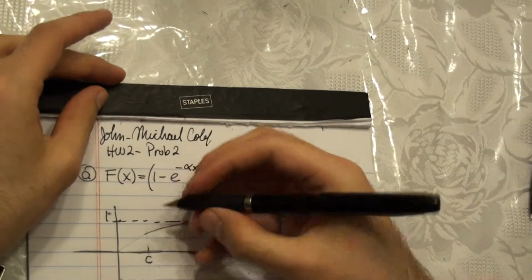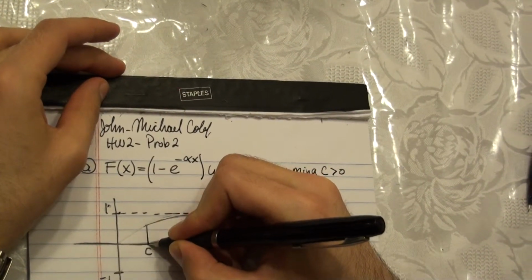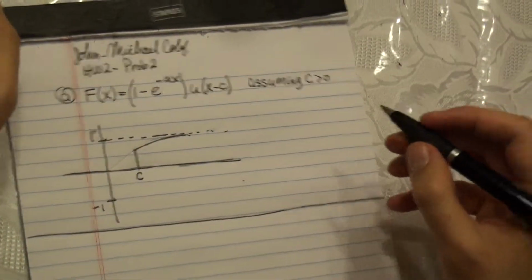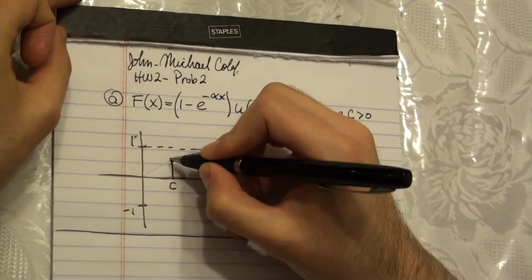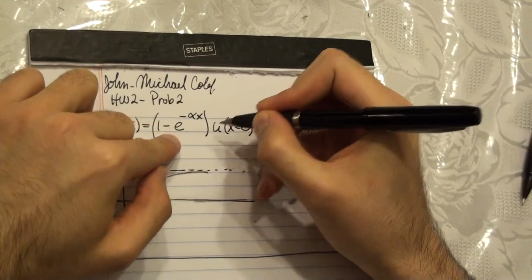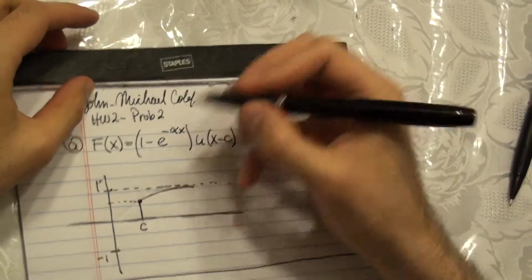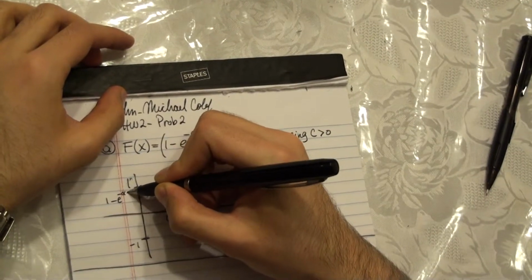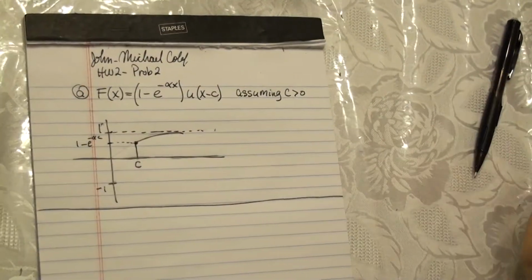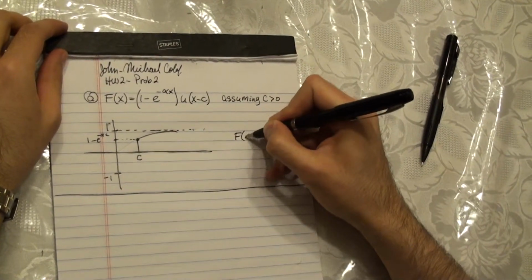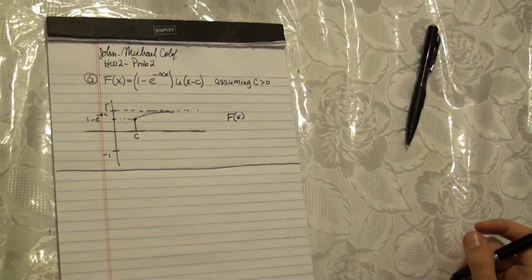So what this ends up looking like in the end is we have a jump here at C, and then we have this exponential asymptotically approaching 1. This point here is just this piece at x equals c. So we have 1 minus e to the minus alpha c. That's what this point here is. And that is what the probability distribution function f of x looks like.